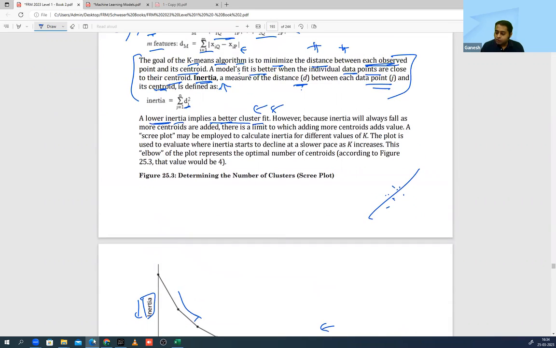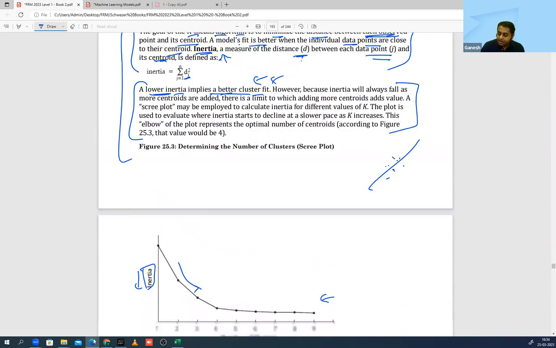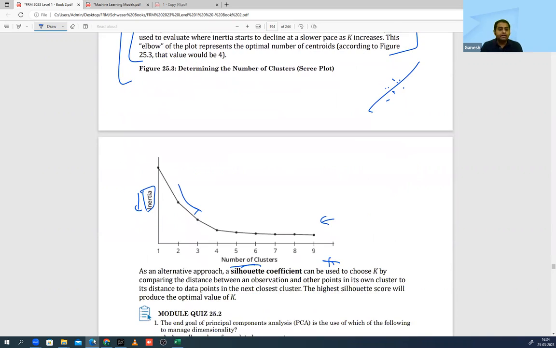Okay. So if you read this section, I want everyone to read this entire part and look at this diagram also, read till this section, then we'll move ahead.